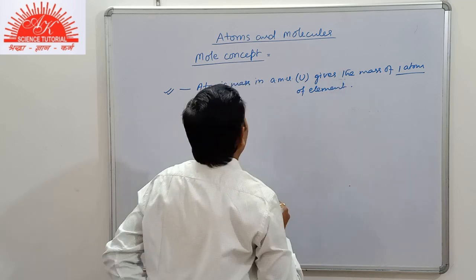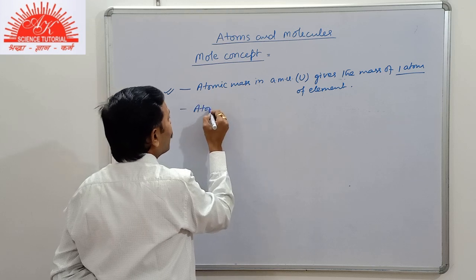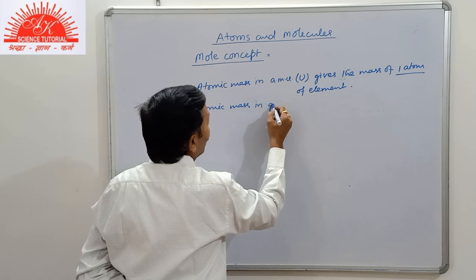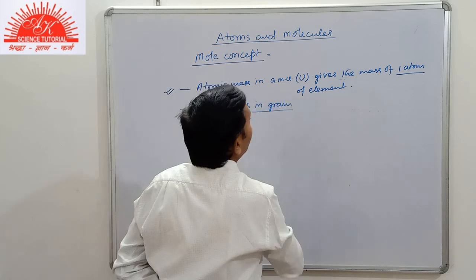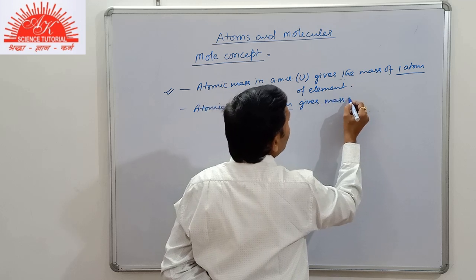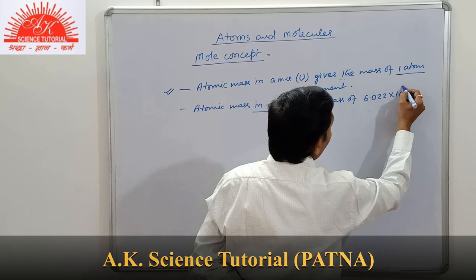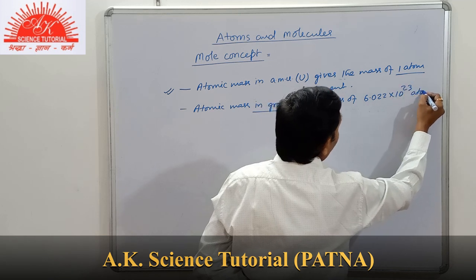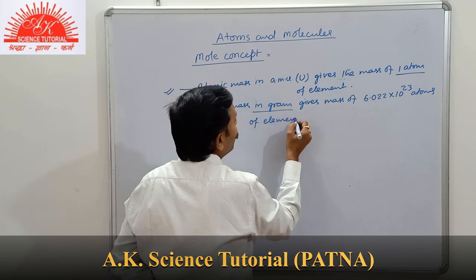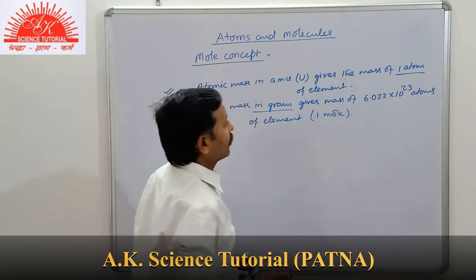But at the same time, atomic mass in gram gives the mass of 6.022 into 10 to the power 23 atoms of element, which is also equal to 1 mole of element.